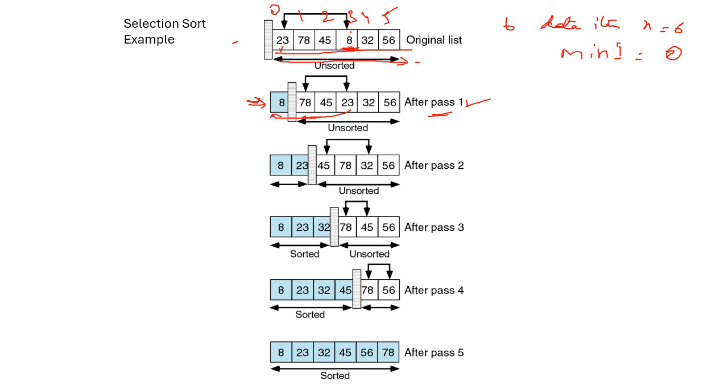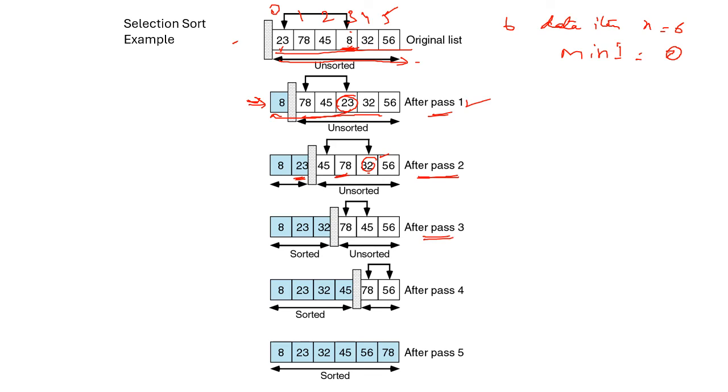And here, which is the second smallest value? 23 is the second smallest value. After pass 2, 23 will be placed in its right position, and 78 will come here. Now which is the minimum value? 32 is the next minimum value.